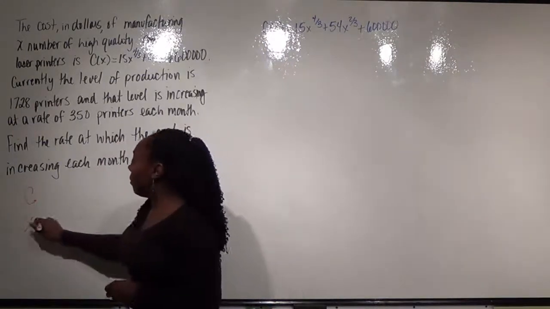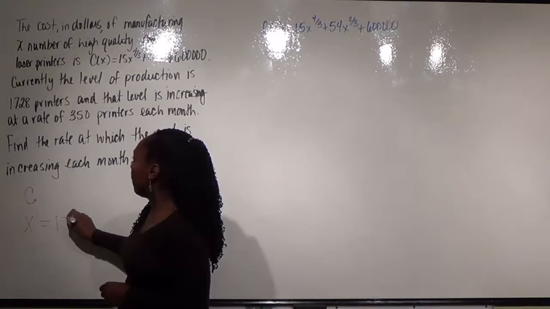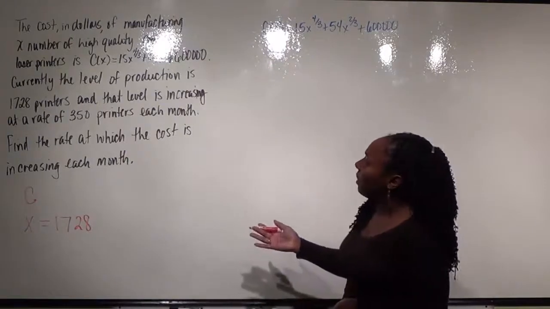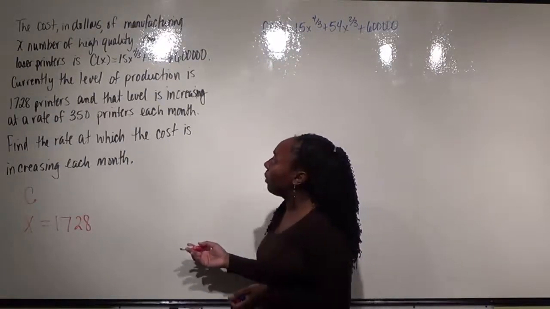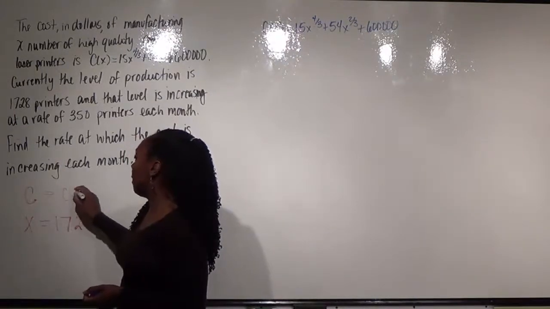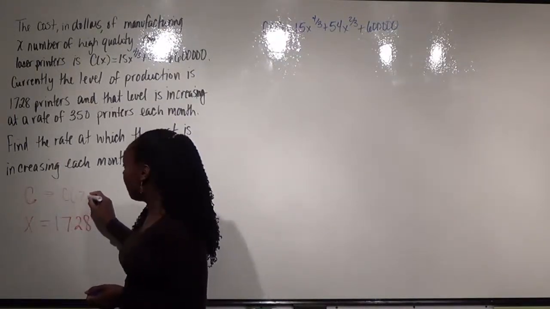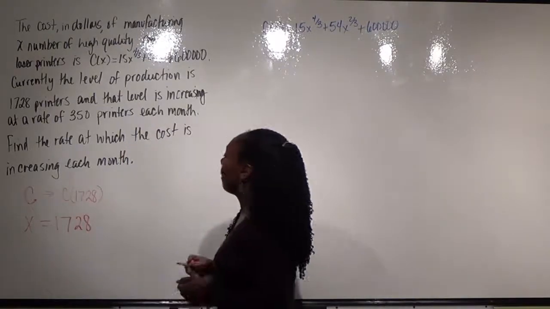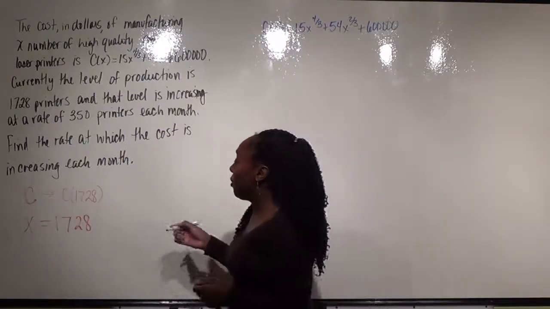x we're given. We know the number of printers currently is 1,728. And we can find the cost. That's not going to be pretty, but we can plug it in. This is basically C(1728). Okay, so we need two different rates.